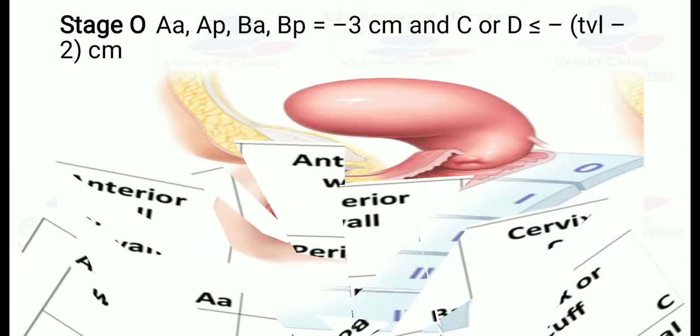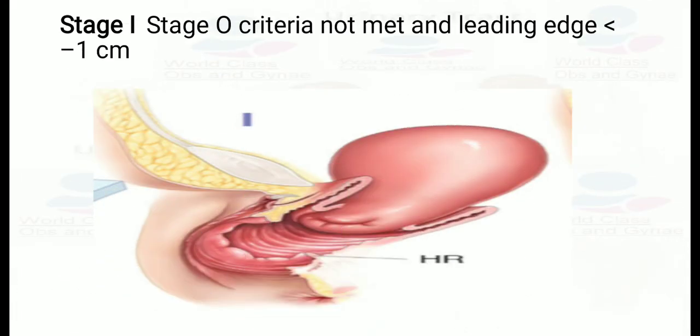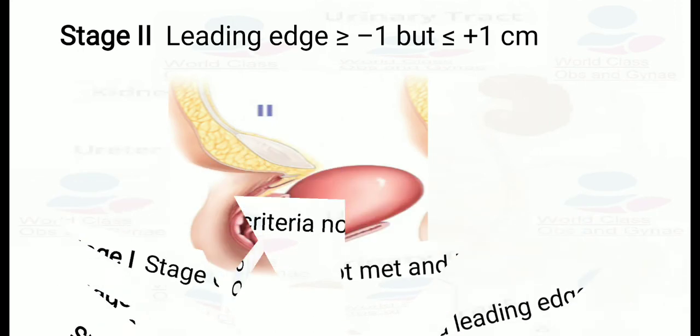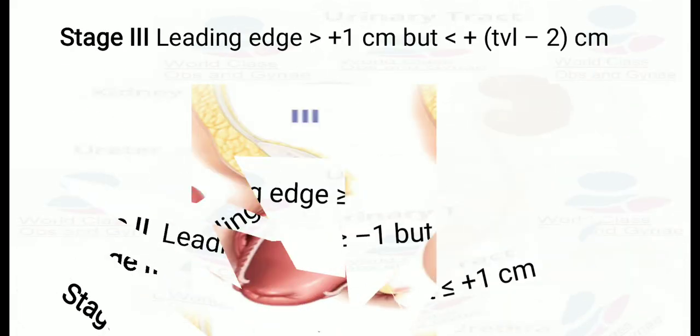Okay, so what happens in stage 0? Stage 0, the normal position. Aa, Ap, Ba, Bp at minus 3 centimeters, and C or D less than total vaginal length minus 2 centimeters. Okay, and what happens in stage 1? Stage 0 criteria not met, and the leading edge is less than minus 1 centimeter. Stage 2, leading edge more than minus 1 but less than plus 1 centimeter.